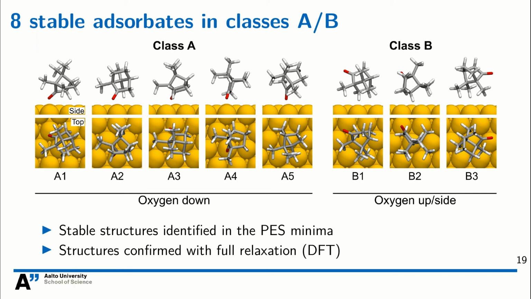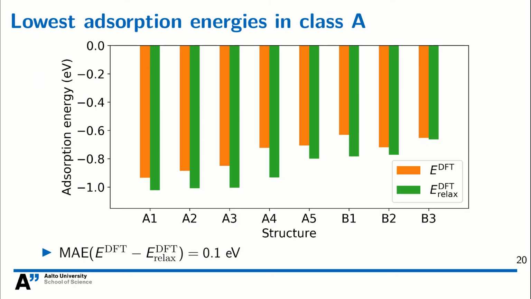We have confirmed these structures with the full relaxation with DFT, and there we release the building block approximation and allow movement of all atoms. In the adsorption energies of these structures, we see that class A structures have the strongest binding to the surface. And here we also see that the energy decreases in the relaxation by 0.1 electron volts on average.